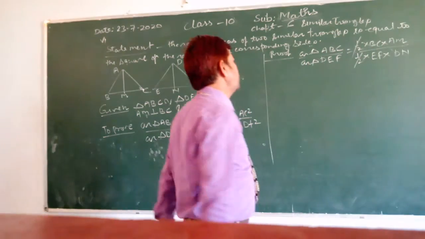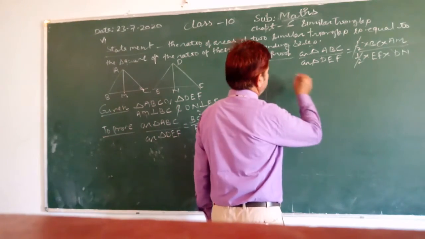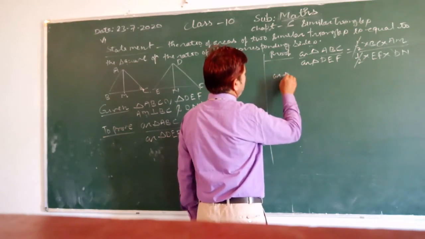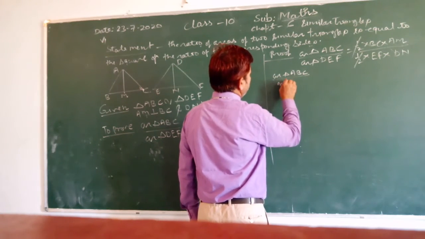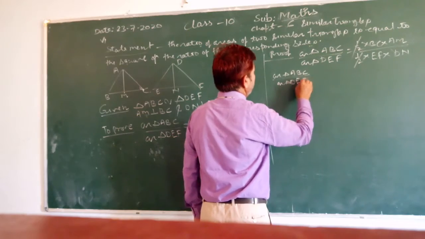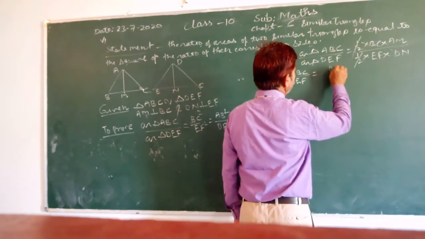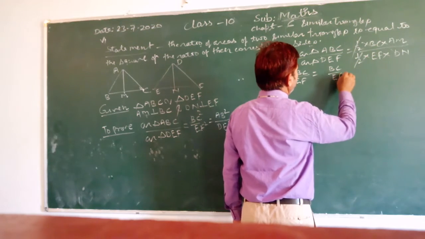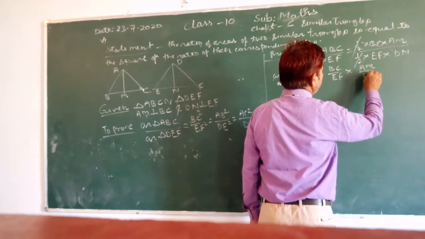One by two from numerator and denominator are cancelled. Therefore, area of triangle ABC upon area of triangle DEF is equal to BC upon EF into AM upon DN.